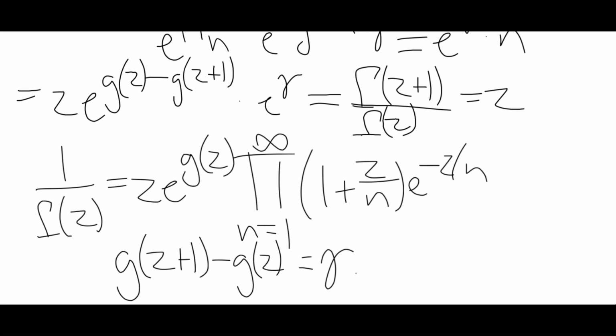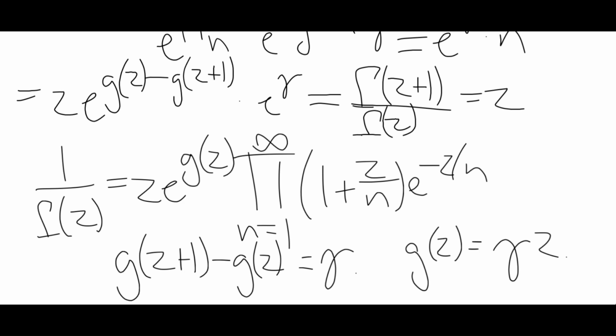Okay, so now the nicest possible function that could satisfy this is just gamma z, which is what it turns out to be, but proving that takes a little more work. So I don't think I'll get into that because it's a little bit tedious.